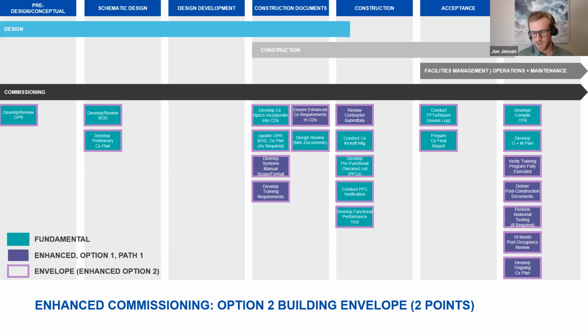They do this by pressurizing the building to identify air leakage rate. And then they'll also do some thermal scanning of the envelope to identify any leak points that the contractor can address. And again, out into the occupancy phase as well, that includes a 10-month warranty visit for the building envelope as well.